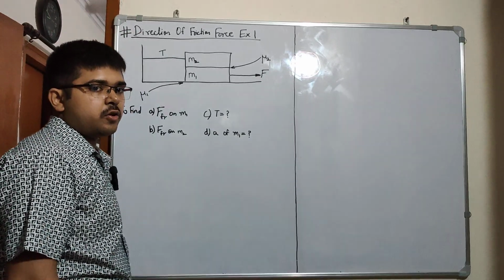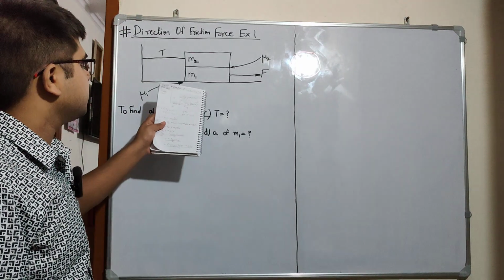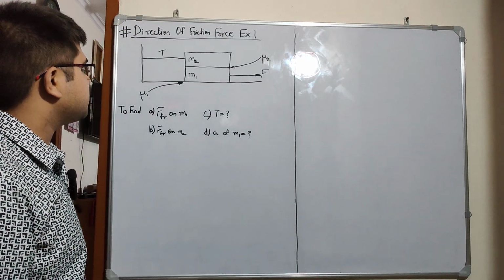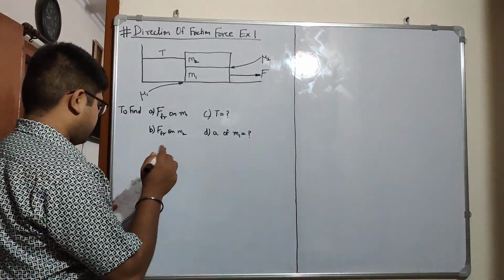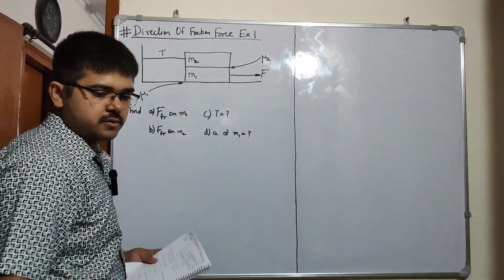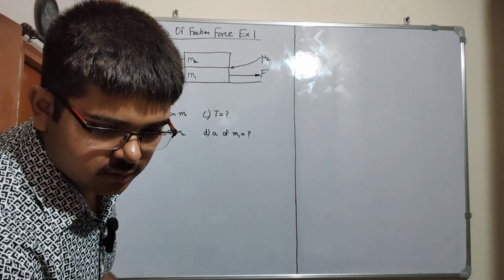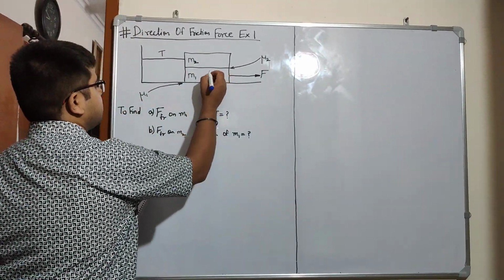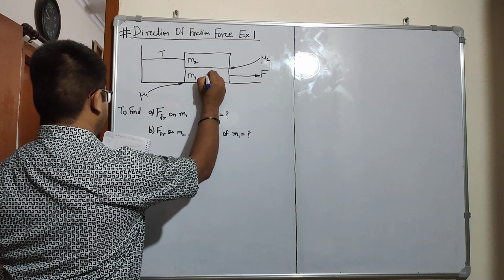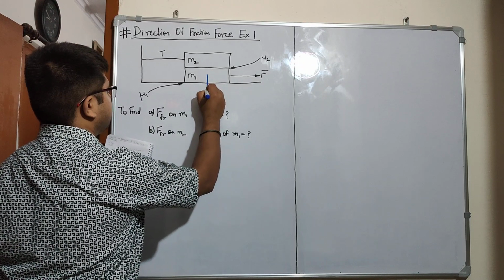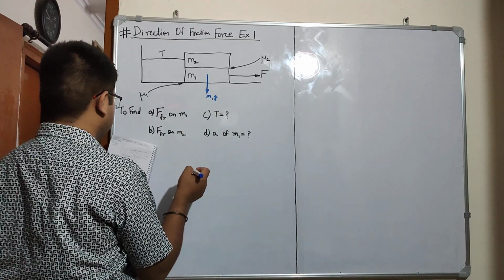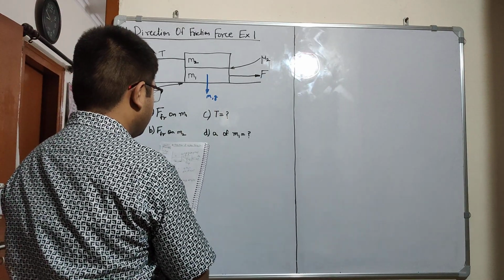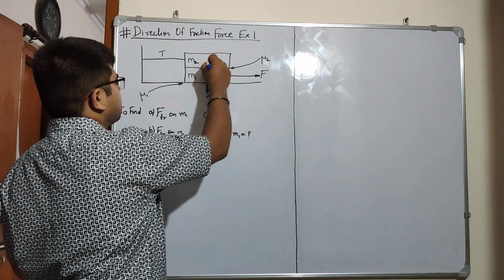So first I'll draw the free body diagram of this, the various forces that are applied on this system. I'll draw that. So there is M1G. I'll use a different color. So this is M1G. This is M2G.